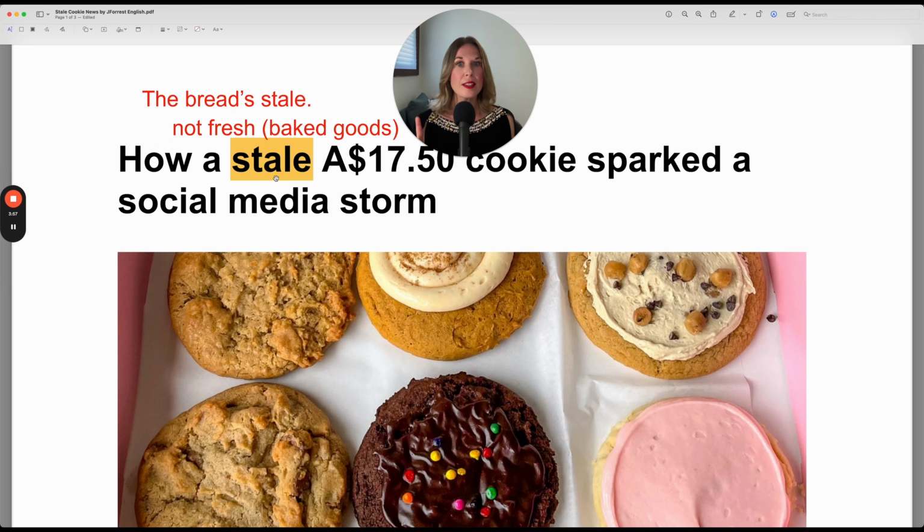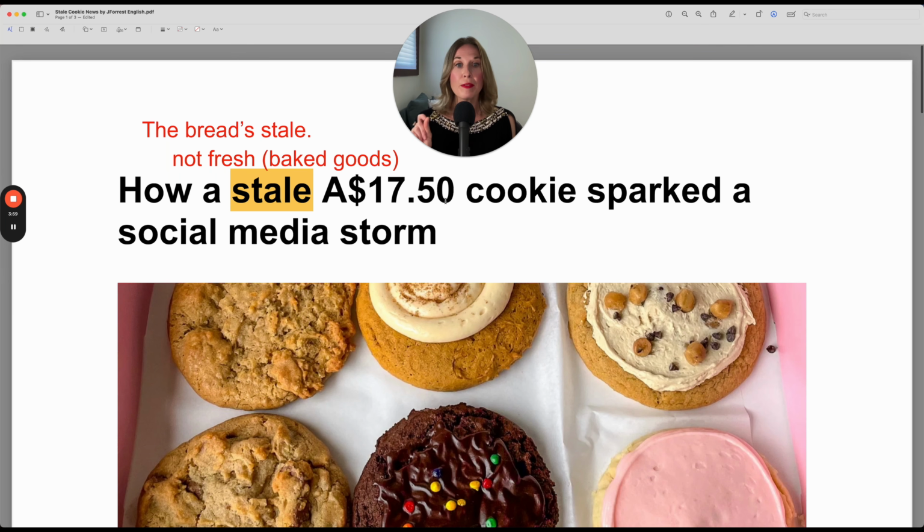So how a stale $17.50 cookie. Do you notice anything about how I'm saying this? I'll say it again. Pay attention. $17.50 cookie. Are you surprised that I'm not saying 50 cents? Because there's more than 1 cent, but it's a $17.50 cookie.